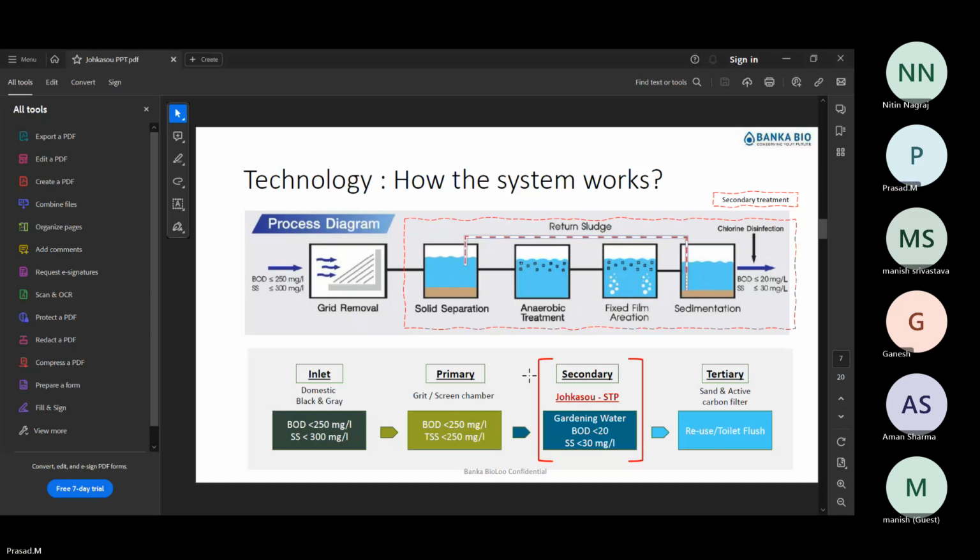Third, you have to ask whether they want to install above ground or underground, because our system can be installed above ground as well as underground. If you install underground, you don't require any pump.